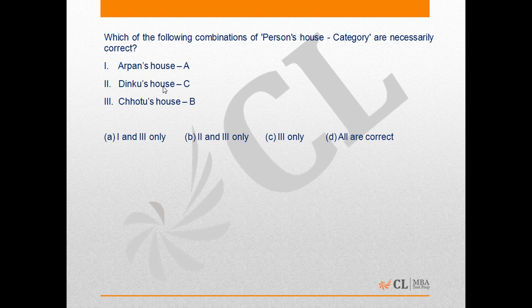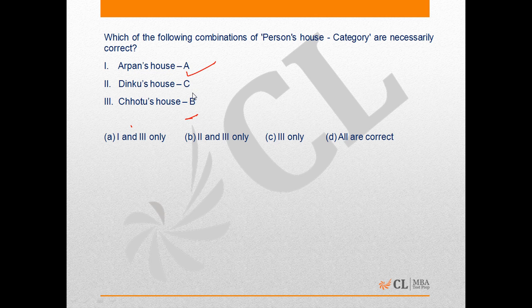The next question asks which of the following combinations of person, house, category are necessarily correct. We know that Arpan's house belongs to category A, which means statement A is definitely true.